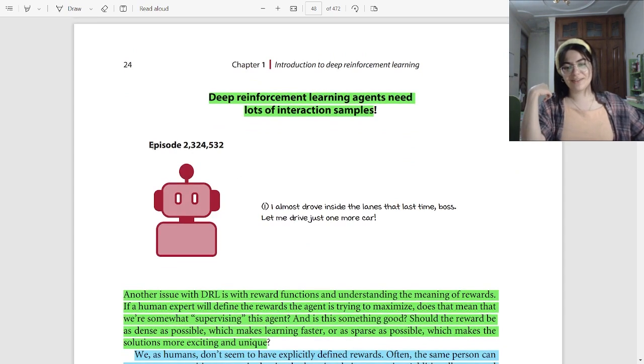So it's just like an example of that on episode 2,300,000 and something. Like it is like, I almost drove inside the lanes that last time, boss. Let me drive just one more car. And it's just like that. The reinforcement learning agents need lots of information samples.